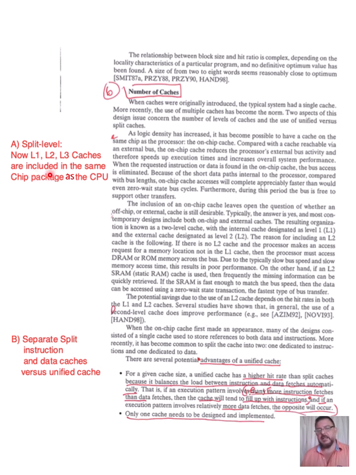L2 is not as small, but bigger. L3 is even bigger. This level of caching has been around for quite a while, and there are good reasons for that. And then also you can have a split cache between data and instructions, or a unified cache.